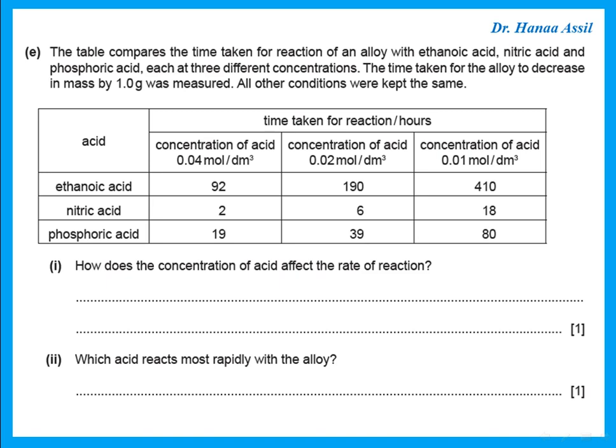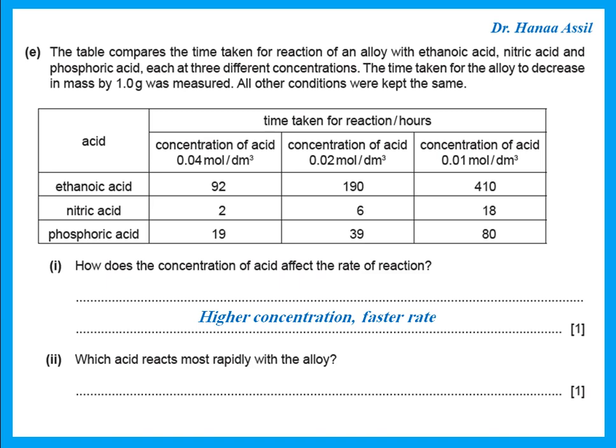So if we're looking at ethanoic, for example, at 0.04 concentration, it took 92 hours. At lower concentration, it took more and more time. That means slower rate, and that means at higher concentration, the rate is faster.